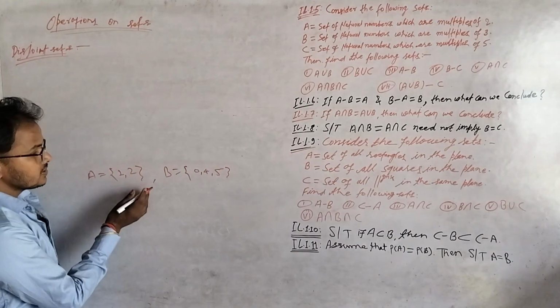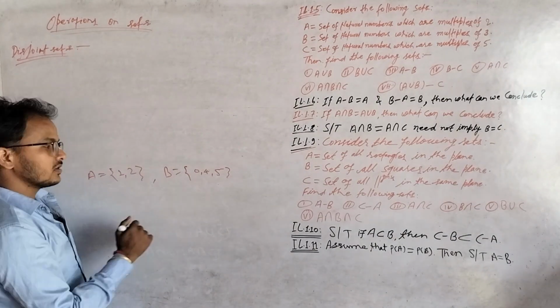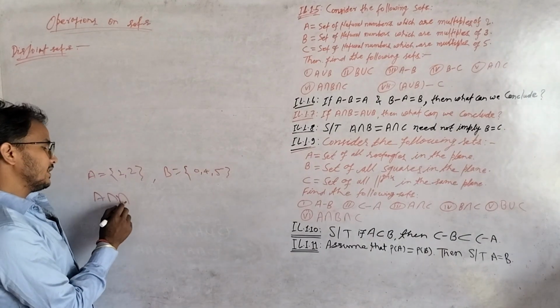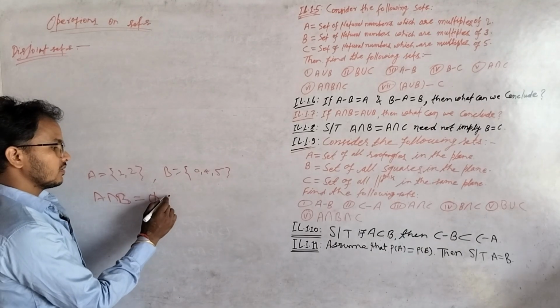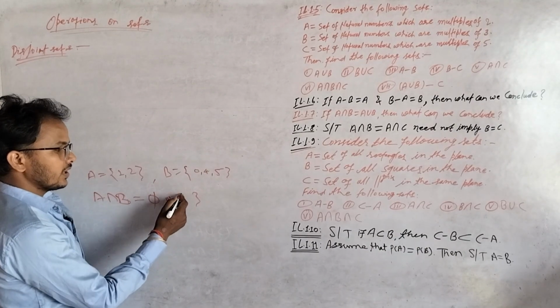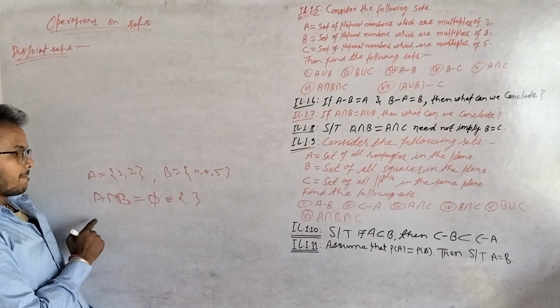Here we observe that no element is common. That means A intersection B is phi, or we write no elements are common here.